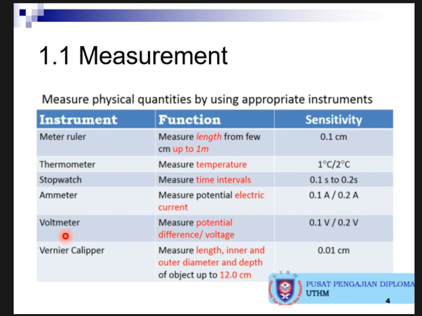Next instrument is the voltmeter. The function of the voltmeter is to measure potential difference or voltage. The sensitivity value is 0.1 volt or 0.2 volt. Vernier calipers measure length, the inner or outer diameters.